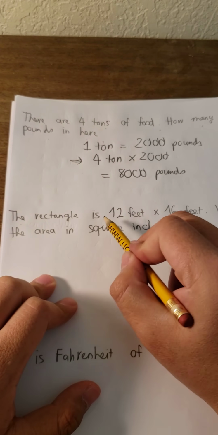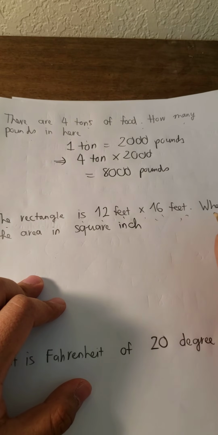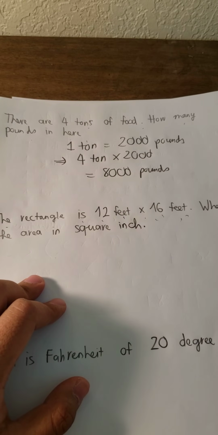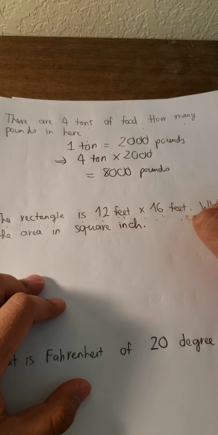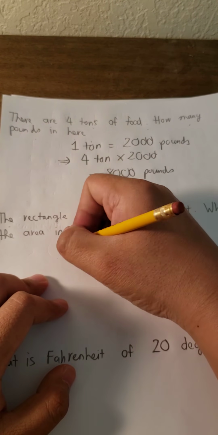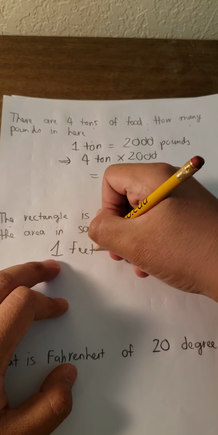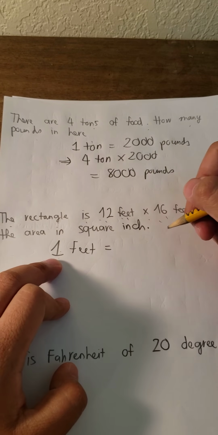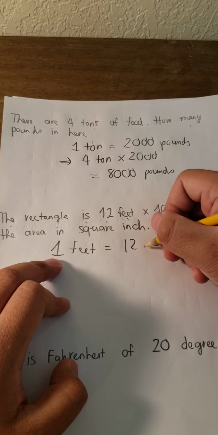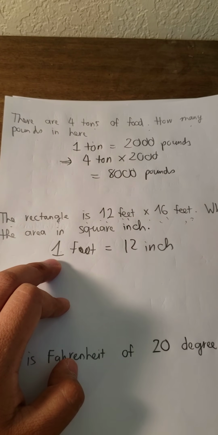The next one. The rectangle is 12 feet multiplied by 16 feet. What is the area in square inches? So they ask you about inches, so we need to convert feet to inches. In here we know that 1 foot is equal to 12 inches, because 1 foot equals 12 inches.